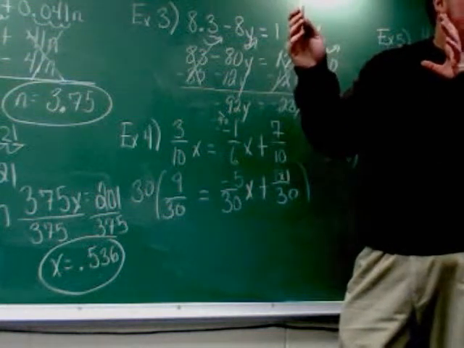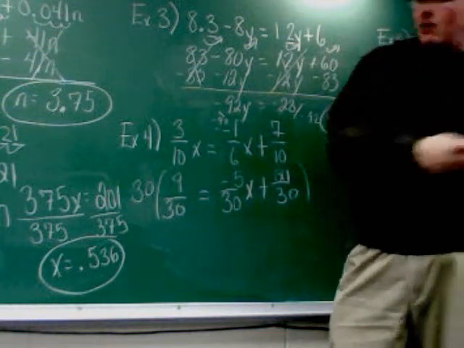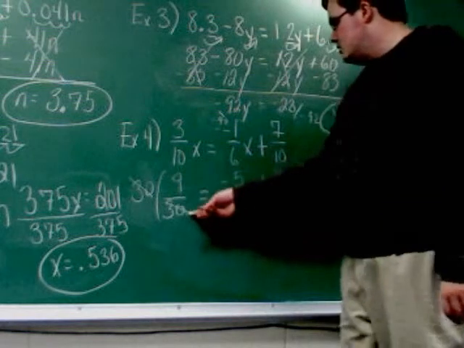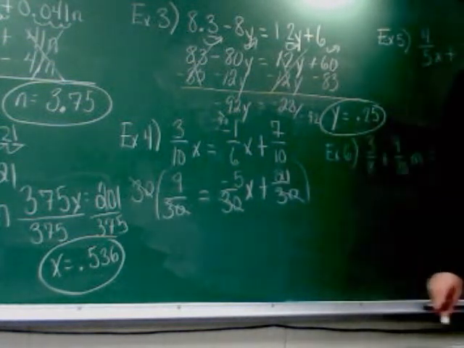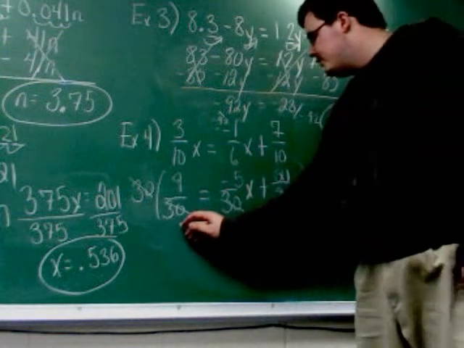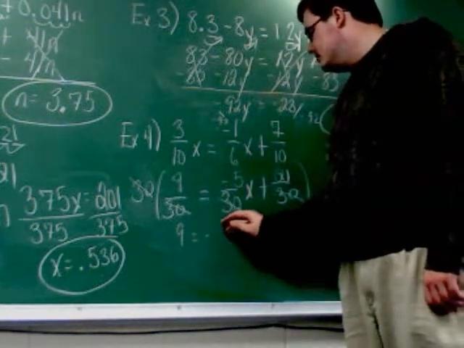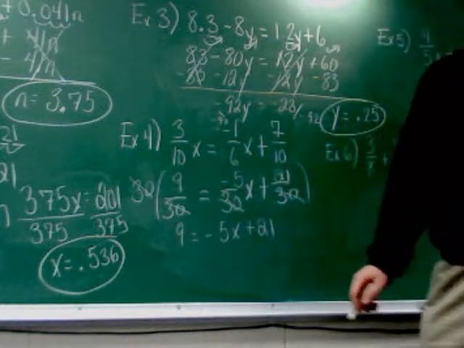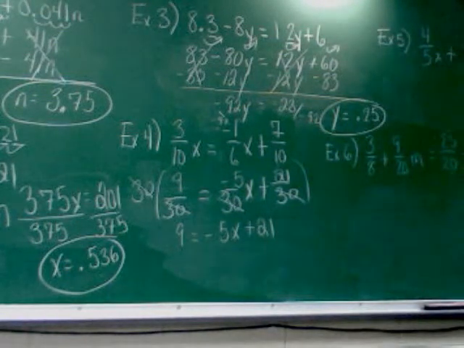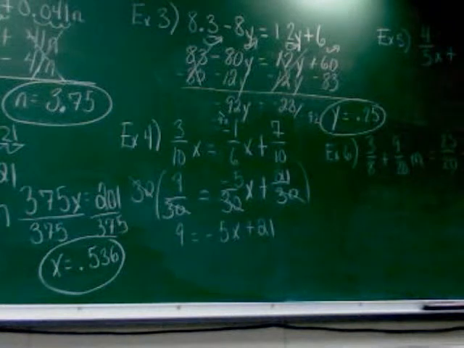That 30 I'm multiplying by, and all the denominators go away. So this goes away, this goes away, this goes away, that goes away. Look what I have left. 9x equals negative 5x plus 21. Fractions are gone, which is something we like, because some of you aren't so hot with fractions.